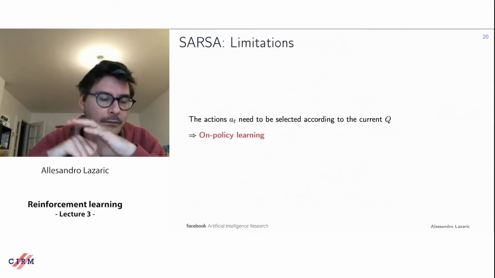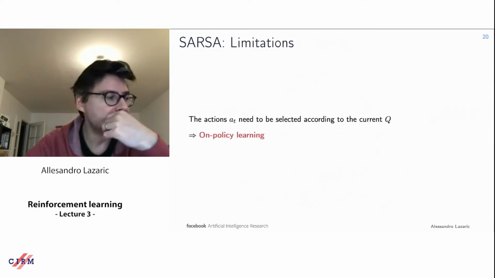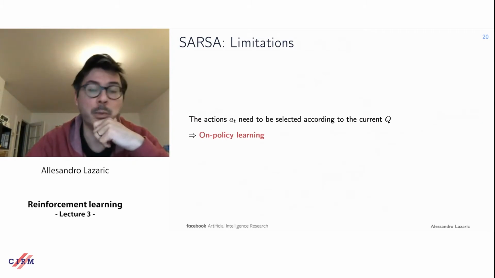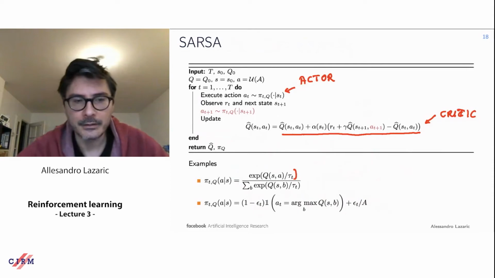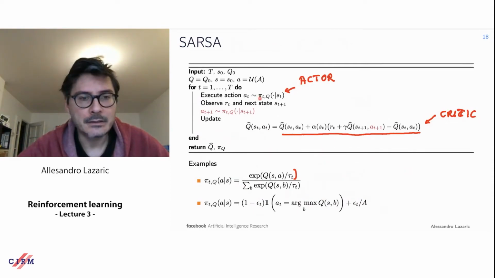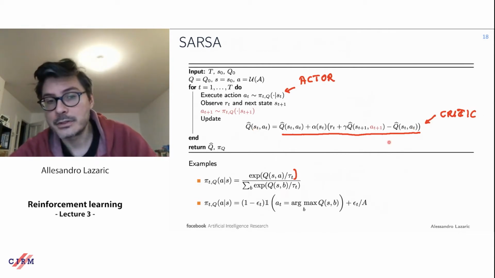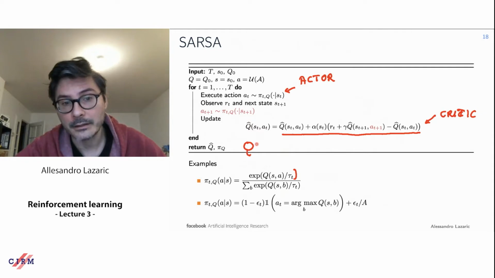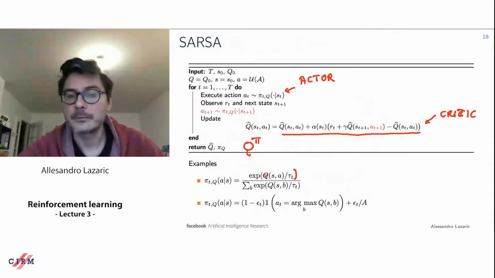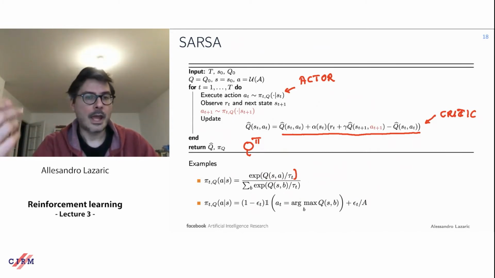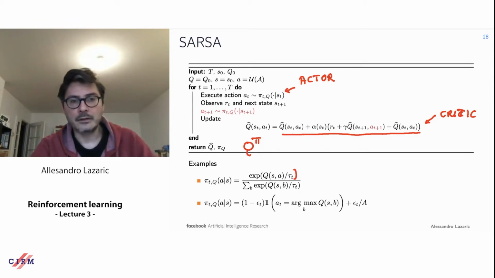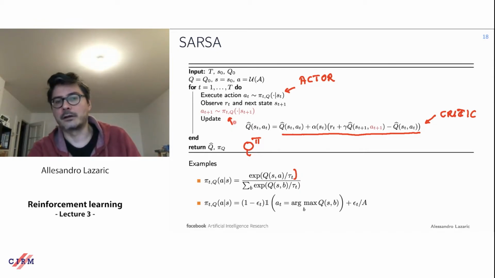What are the limitations of this type of algorithm? Well, the limitation is what sometimes in reinforcement learning we call on-policy learning. So if you see how this is defined, it is updating this Q value in order to try to do the critic's job, which is to estimate how well my current policy is behaving, right? So I want to estimate the current policy. And in order to estimate the current policy, I have to execute the current policy, right?